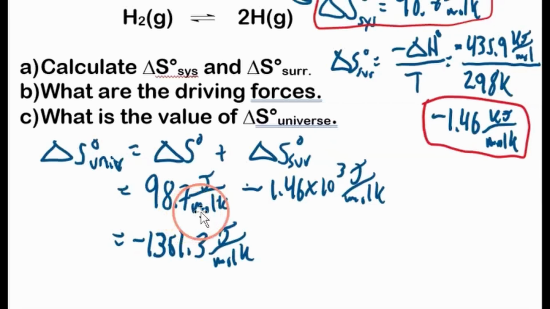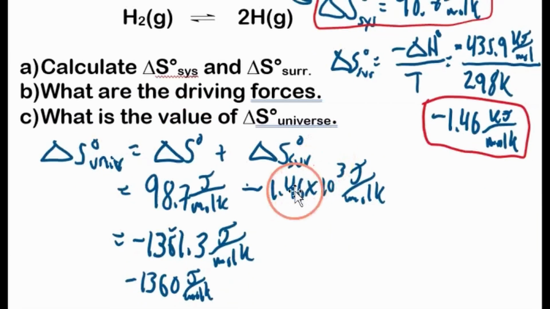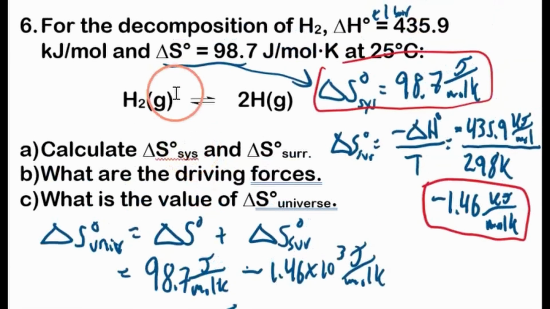And we should have 3 significant figures. So negative 1360 joules per mole Kelvin. This is negative. So that means this shouldn't occur, right? This is according to the second law of thermodynamics. We're saying that if this reaction occurs this way, that's not thermodynamically favorable.